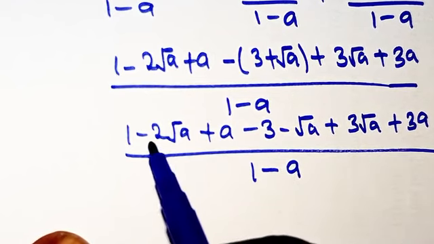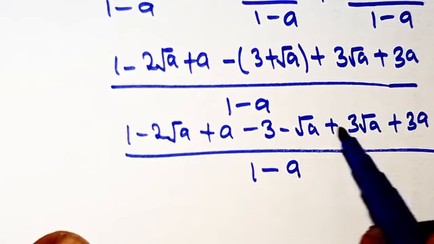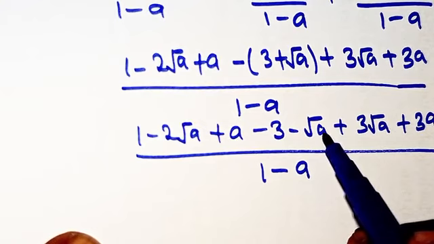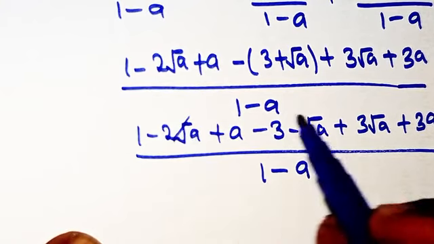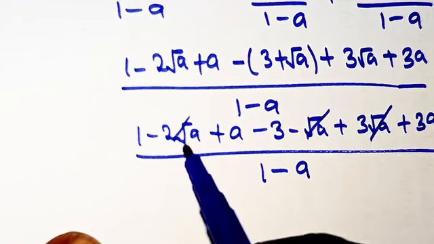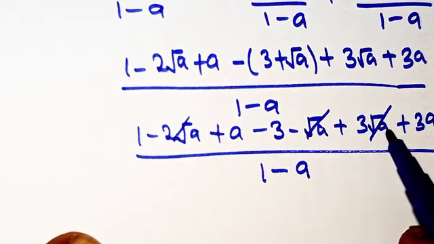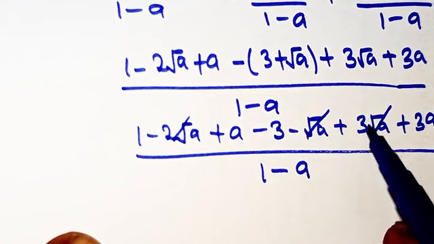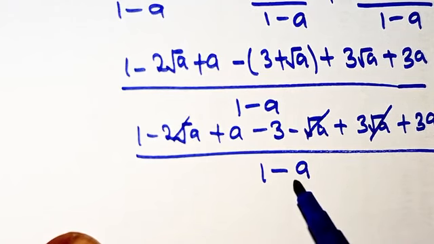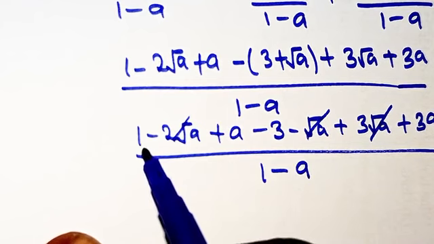So simplifying this, you can see we have minus 2 root a here and minus root a here, which is going to give us minus 3 root a. So this we cancel, because minus 2 root a minus root a will give us minus 3 root a, and we have plus 3 root a. Then we will be left with 1 here.